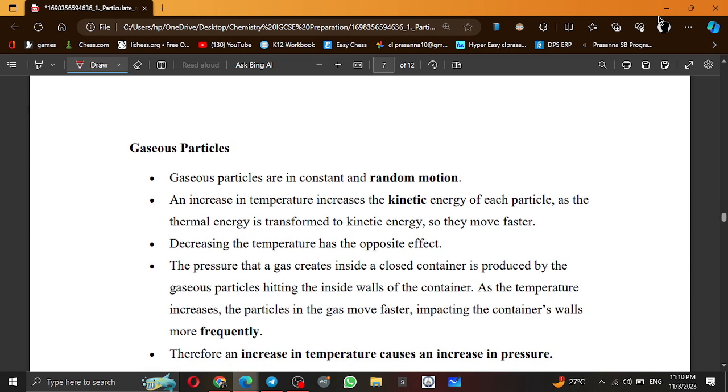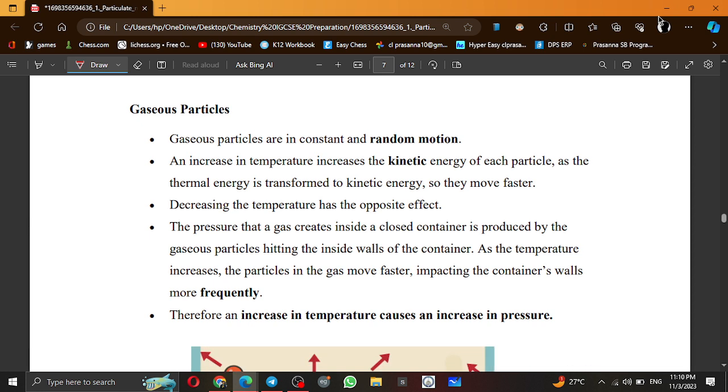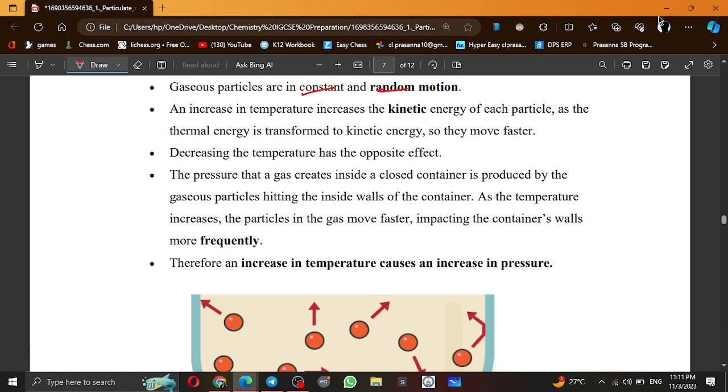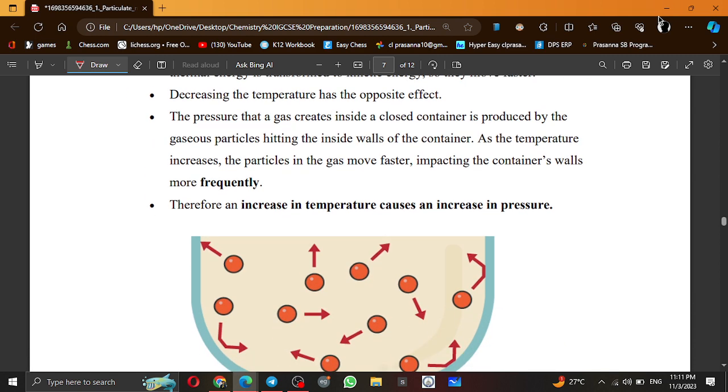We skip. Gaseous particles are in constant and random motion. An increase in temperature increases the kinetic energy of each particle, as the thermal energy is transferred to kinetic energy, so they move faster. Decreasing the temperature has the opposite effect. The pressure that a gas creates inside a closed container is produced by the gaseous particles hitting the inside walls of the container.